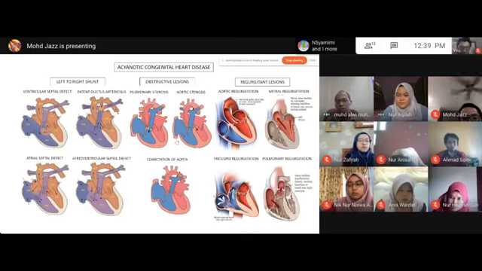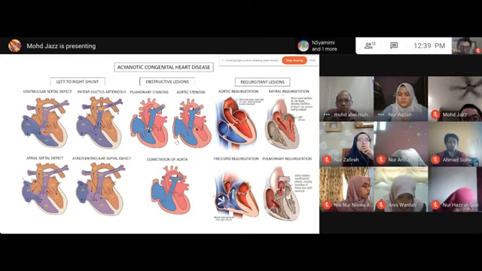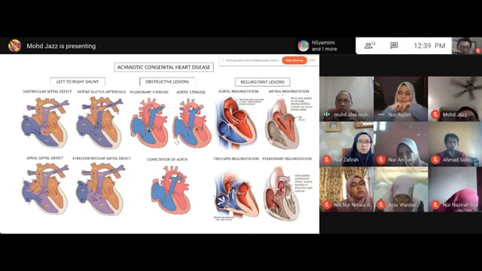Understand? So there's congestion of blood. So any obstructive lesion on the left side, including coarctation of the aorta and aortic stenosis, can actually cause failure symptoms.